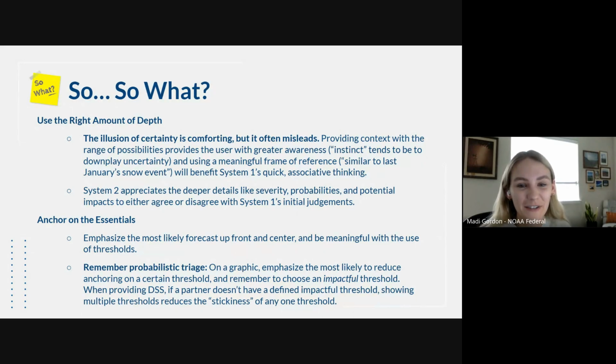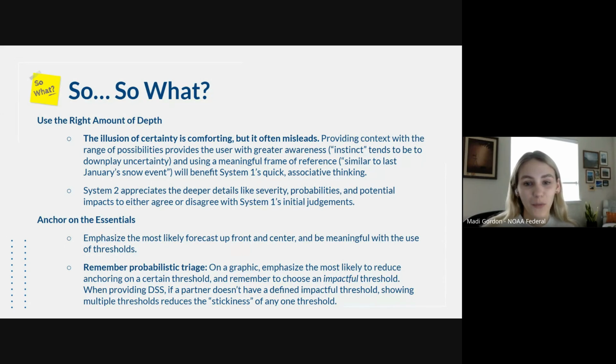So essentially, this is just recapping kind of the things that we went through already. So your System 1 is going to make some snap binary judgments. We can use that to our advantage, but we have to be cautious when it's also a disadvantage to us. When we can use it to our advantage, we want people to be able to make quick, reliable decisions, especially when they're dealing with variables that we can't see.